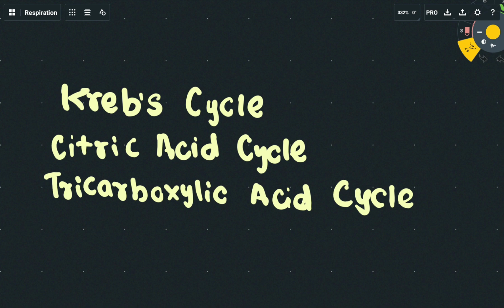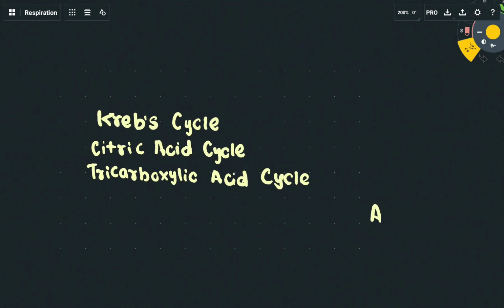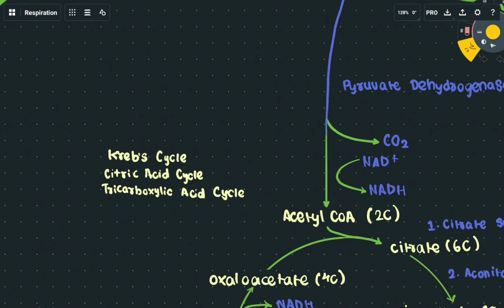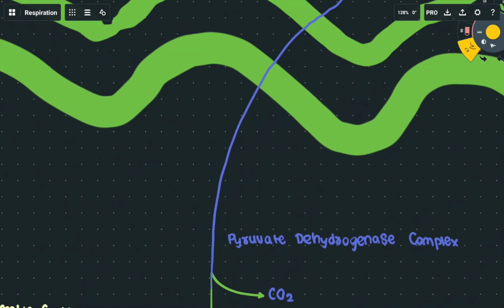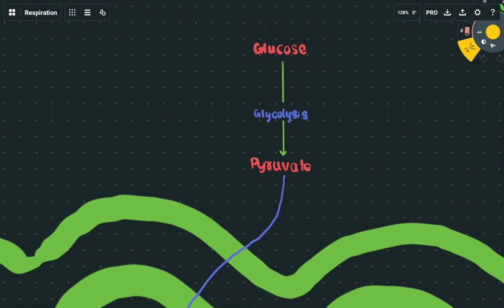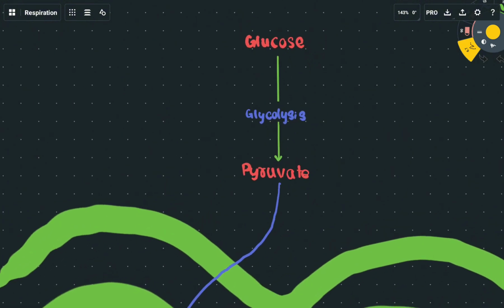So the Krebs cycle is basically a pathway or a cycle for the pyruvate that we made originally in the cytoplasm through glycolysis, to turn that into useful products. In our case, that is going to be ATP, NADH, and FADH₂.